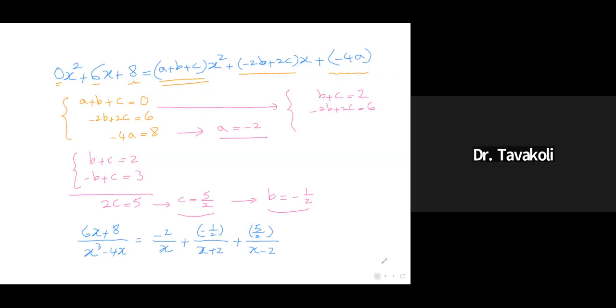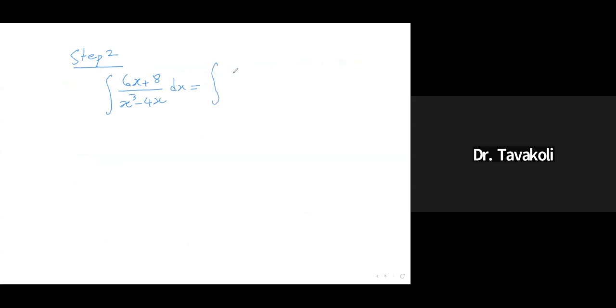That fraction is the sum of those three fractions, so the integral is the sum of three integrals. Integral of −2 over x, integral of −1/2 over x + 2, and integral of 5/2 over x − 2.